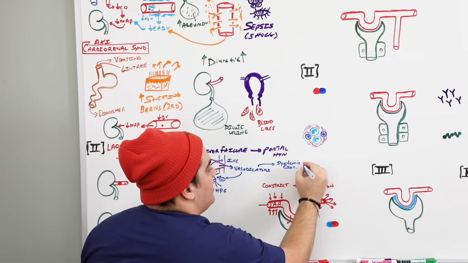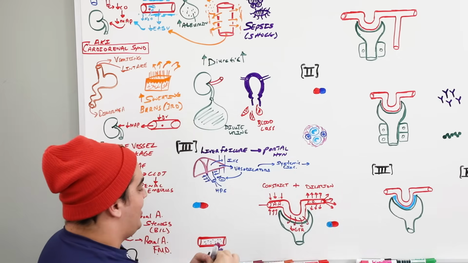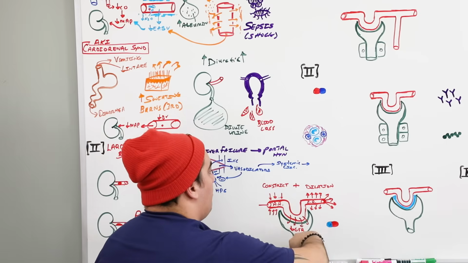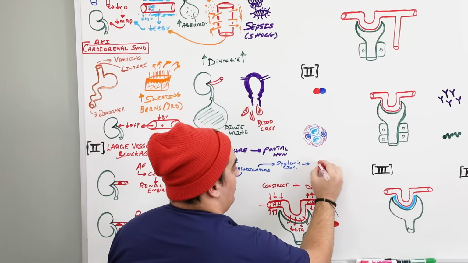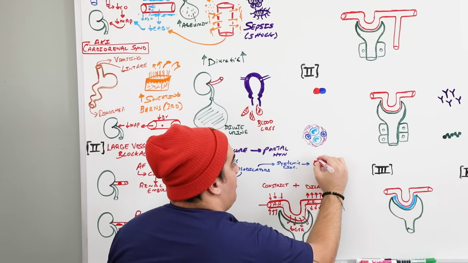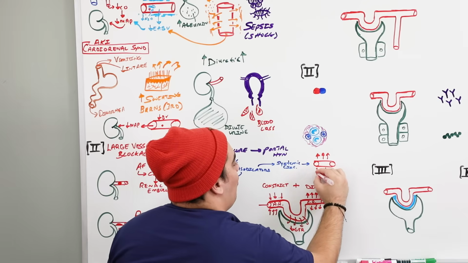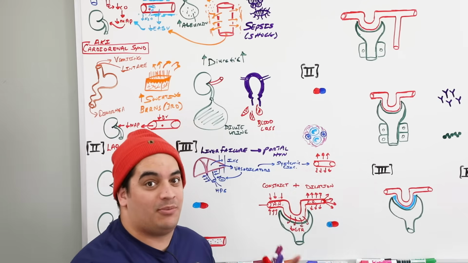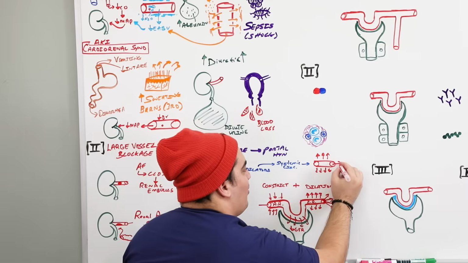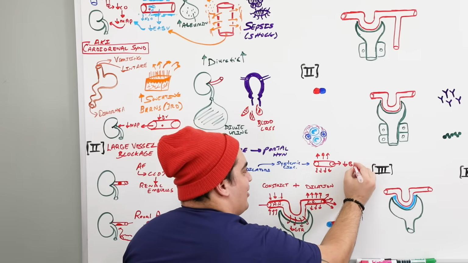And when they get into the systemic circulation, guess what they do to multiple blood vessels in your systemic circulation? It causes the systemic vessels to undergo a vasodilatory effect. What happens when you vasodilate multiple systemic vessels? Well, it's going to actually lower your blood pressure.